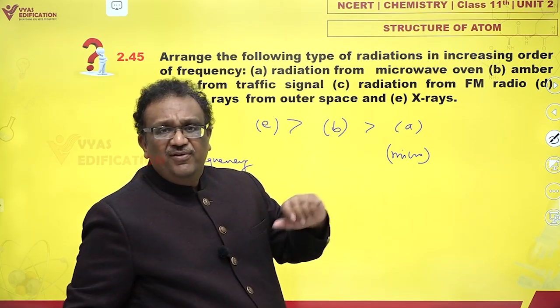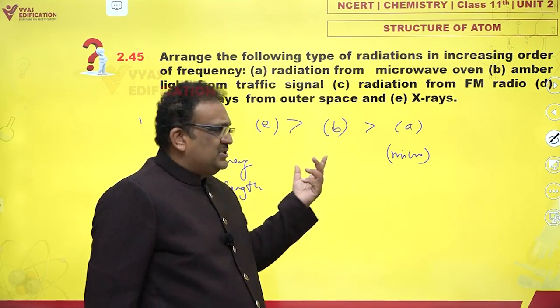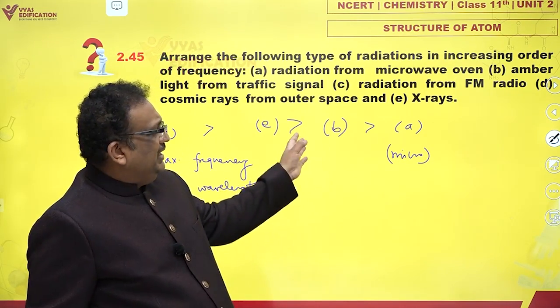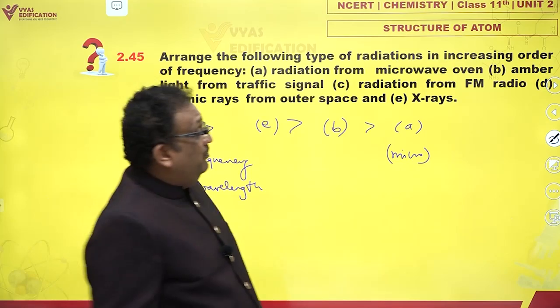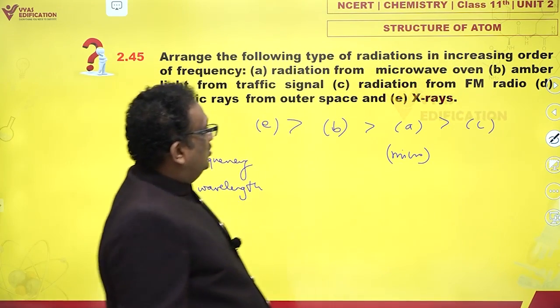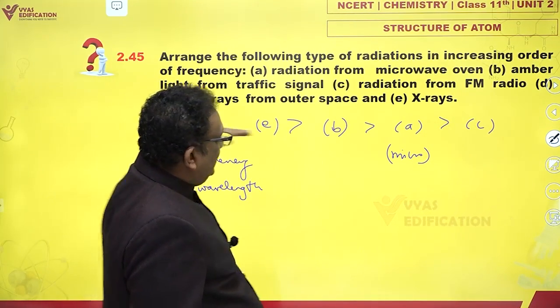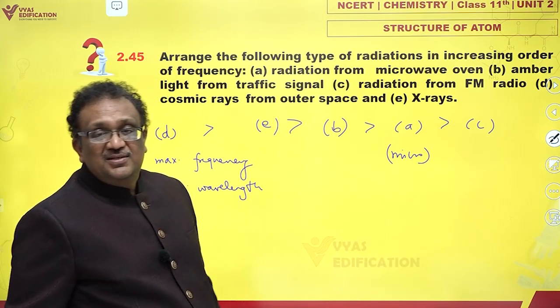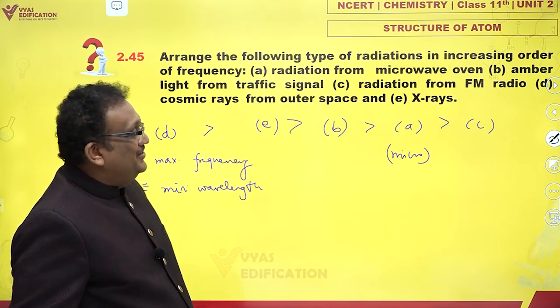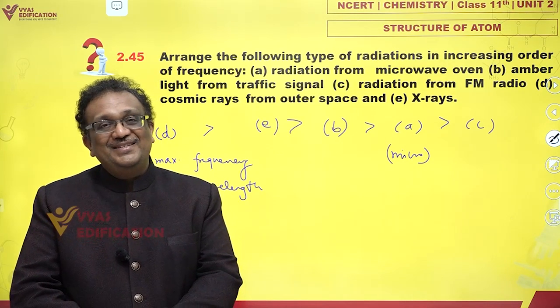Visible light has wavelength somewhere in angstrom units, say 6,000, 5,000 angstrom units. Microwaves are in mm. Radio waves are in meters. So if you go on this side, wavelength increases and frequency decreases. So that, my dears, is the correct order of frequencies.